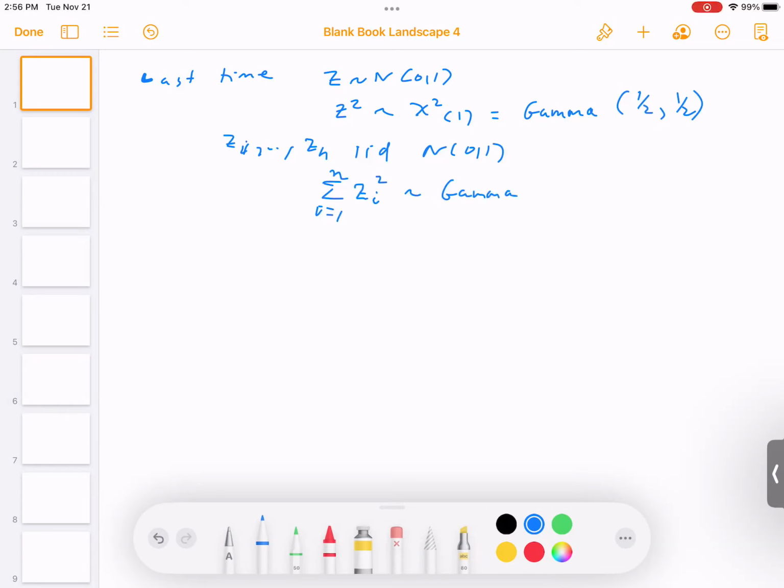Well, they add, right? I just have n of them. This term adds. This must be the same. It is the same. So this is just gamma n over 2, 1/2. But this is equal to a chi-squared with n degrees of freedom then. That's defined to be that. Okay.